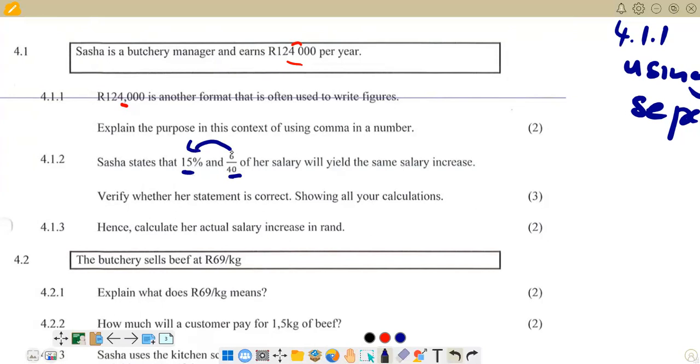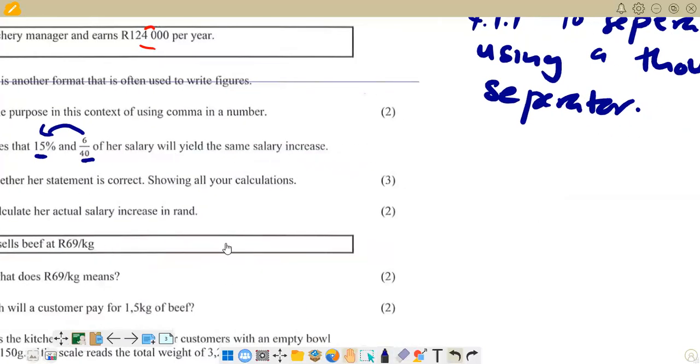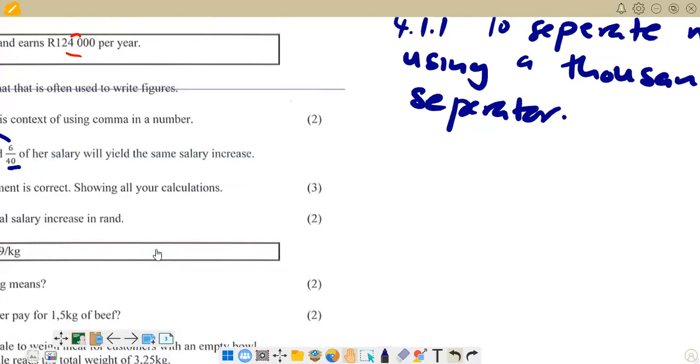We are just going to express 6/40 as a percentage, and then we see if it's going to lead us to 15%. By converting it to a percentage, it means we multiply this fraction by 100/1. Whenever we are converting a fraction to a percentage, we just multiply by 100/1. So this is our next question, which is 4.1.2.